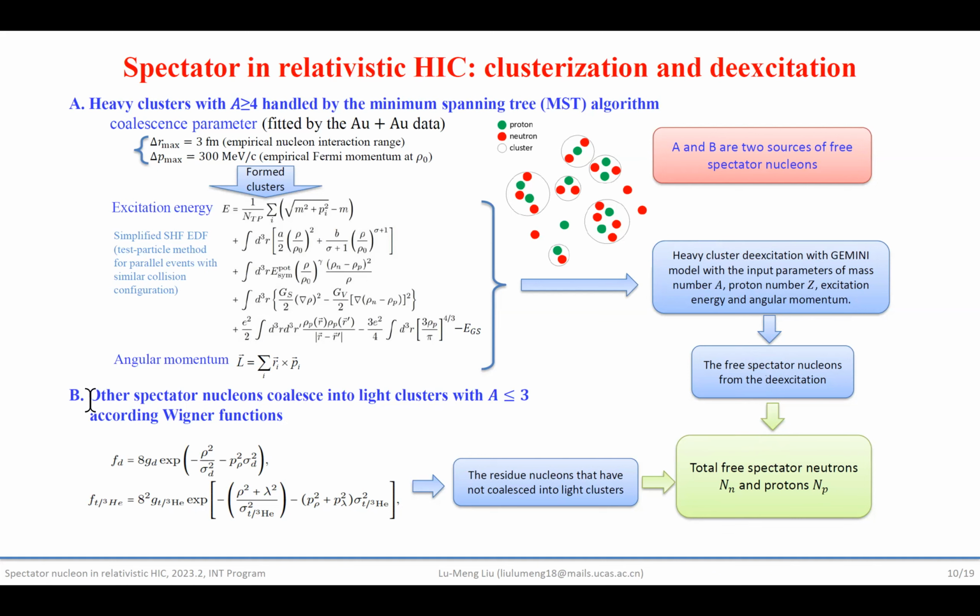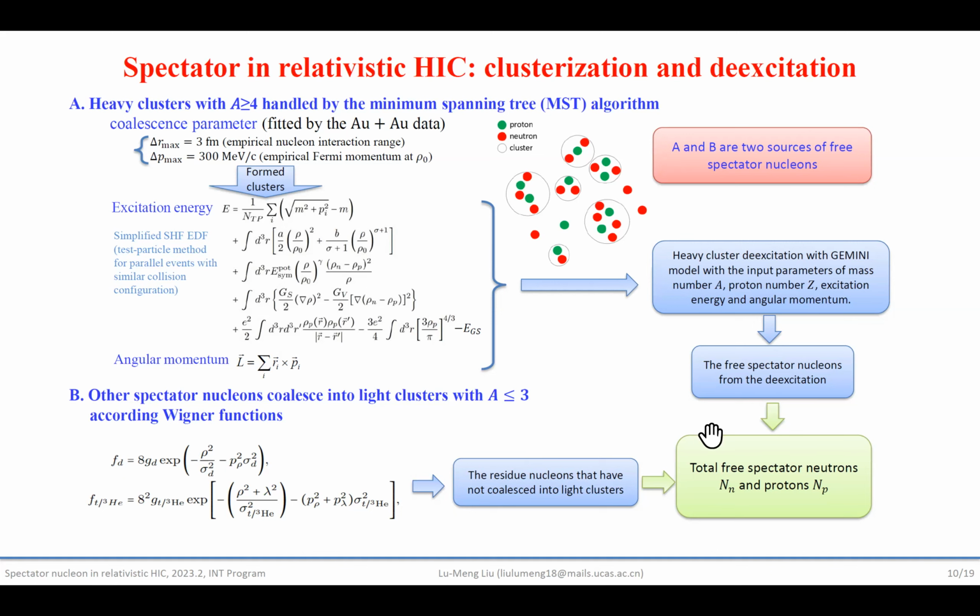On the other hand, the spectator nucleons that do not form heavy clusters still have a chance to coalesce into light clusters, including deuteron, triton, and helium-3. The formation probabilities are calculated according to the Wigner function in their center of mass frame.